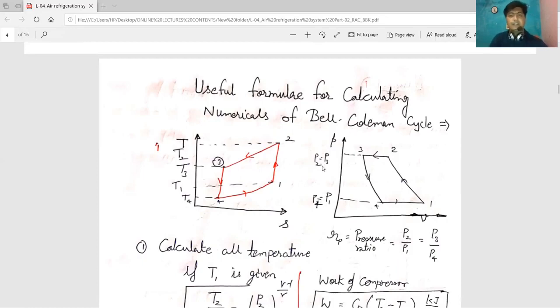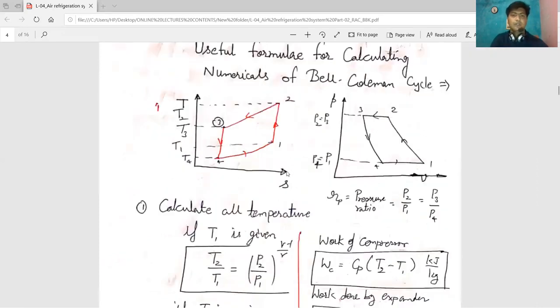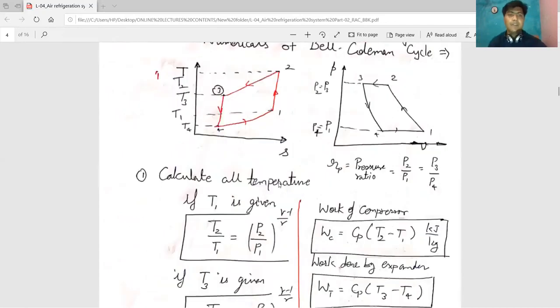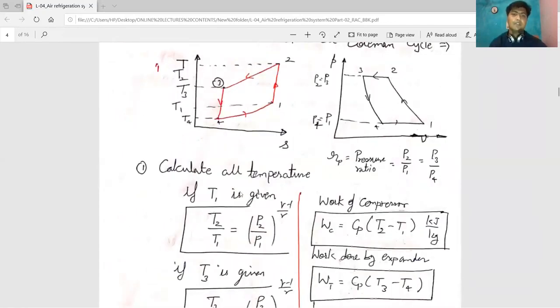But before starting the numericals, we remember some important formulas. First, remember the TS diagram and PV diagram of the Bell-Coleman cycle. For the 1 to 2 isentropic compression, T2 by T1 is equal to P2 divided by P1 raised to gamma minus 1 divided by gamma.